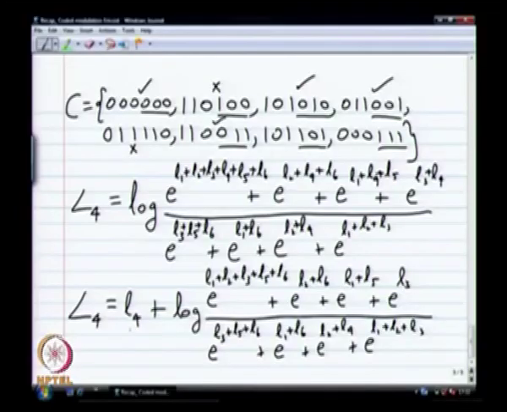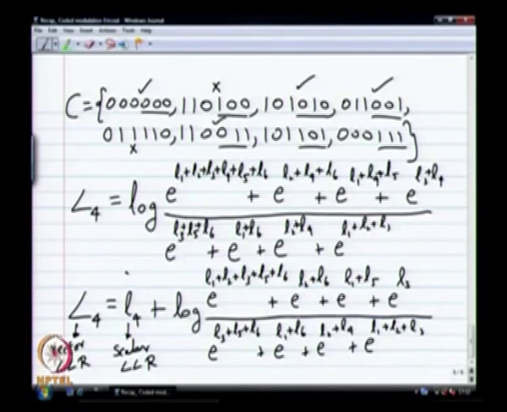Okay, so this is some kind of a scalar LLR. This is the vector LLR. So, when you compute the vector LLR accurately, the scalar LLR is the starting point. It is some kind of an intrinsic information. This thing is also called intrinsic information. So, saying scalar LLR, we can say this is intrinsic or channel information.